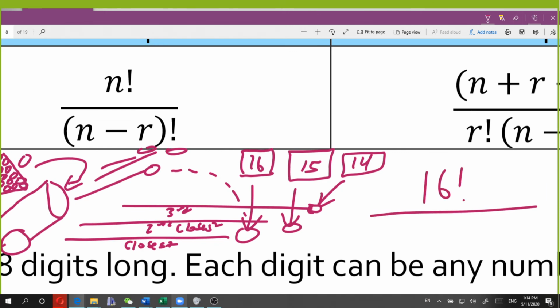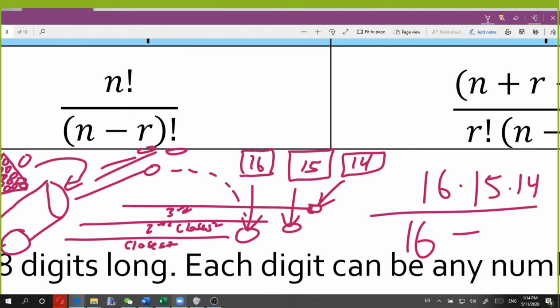So 16 factorial would go all the way down to 0. If instead I wanted something like 16 times 15 times 14, then I could cut this by taking out an n minus r.